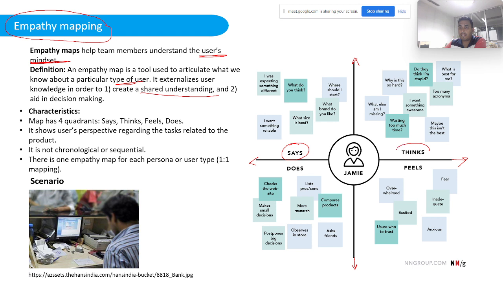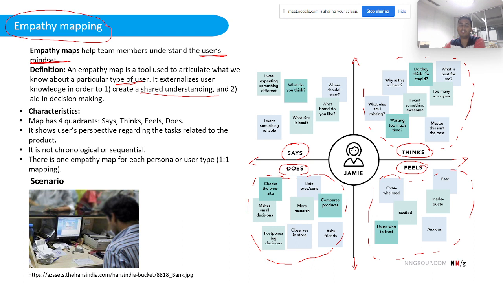Basically we segregate and group them at one particular place, and we say these are the things the user thinks, these are the feelings that the user came across, and this is what they did in a particular contextual inquiry or user study.